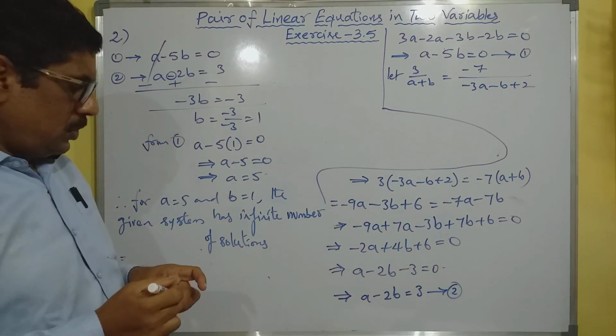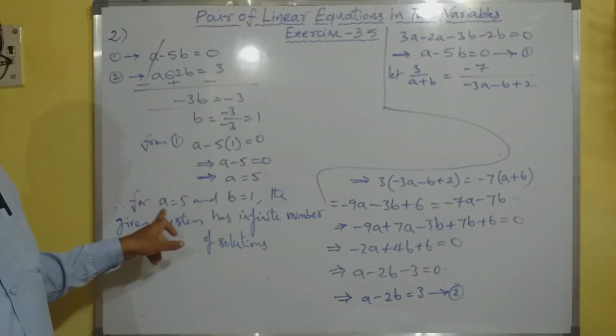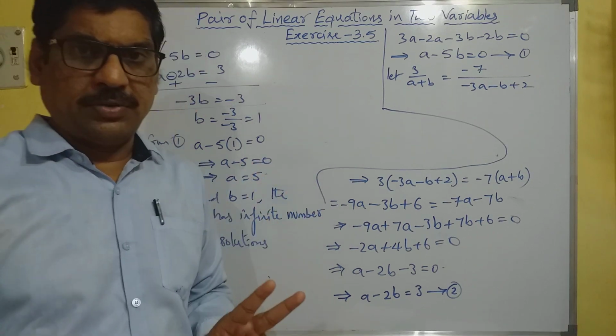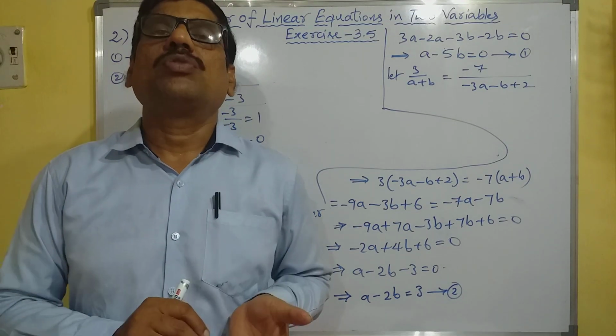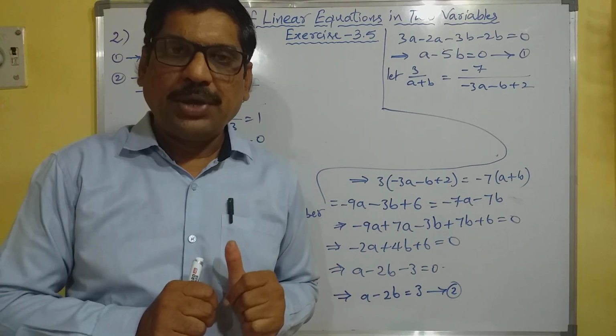Finally, we got the values of A and B. For those two values, A is equal to 5 and B is equal to 1, the two given equations have infinitely many solutions. Okay. Let us continue the remaining problems in the next class. Thank you. Have a nice day.